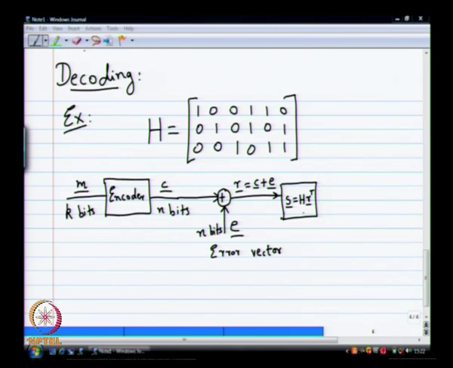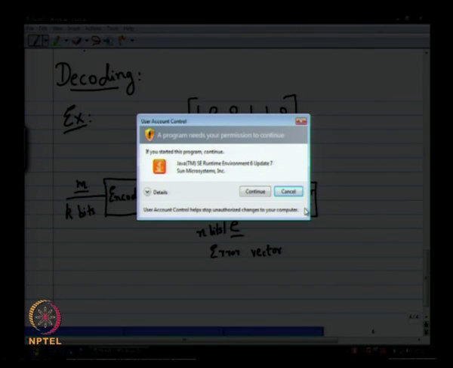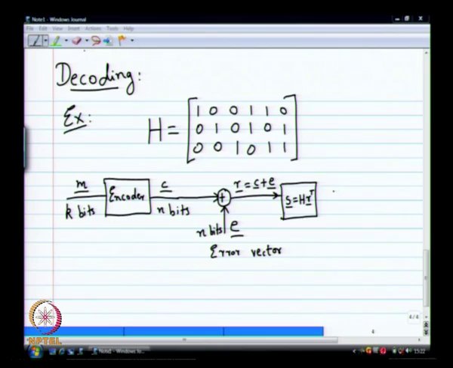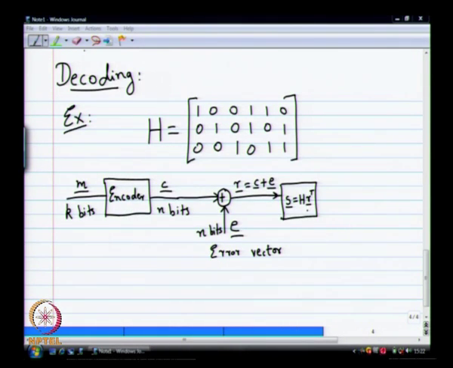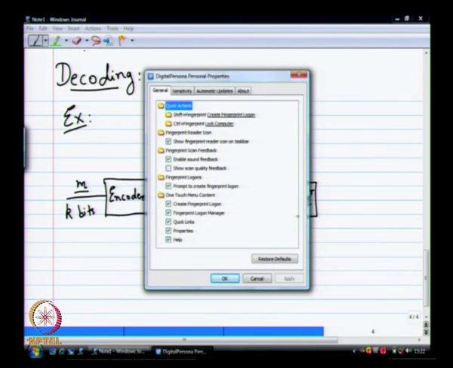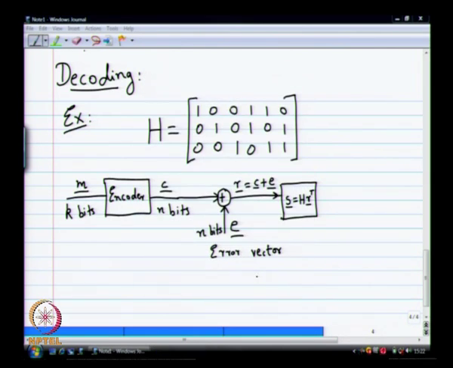What I know in fact is that this syndrome S, which I compute as H times R transpose, is also H times E transpose.